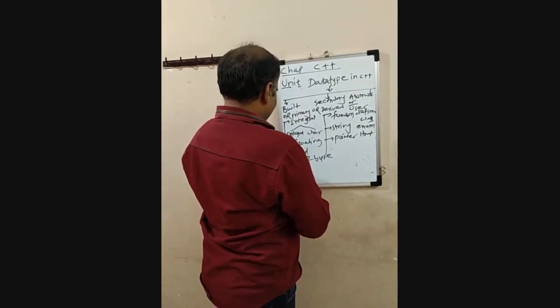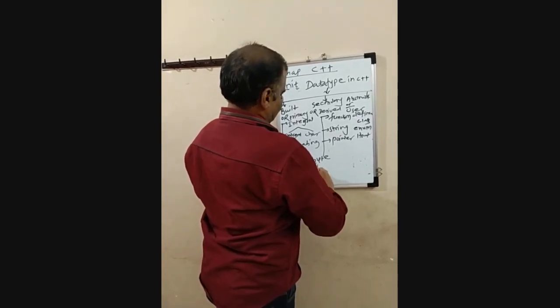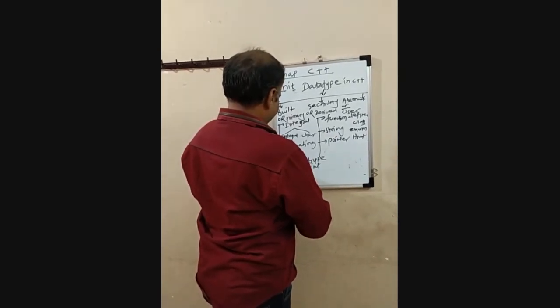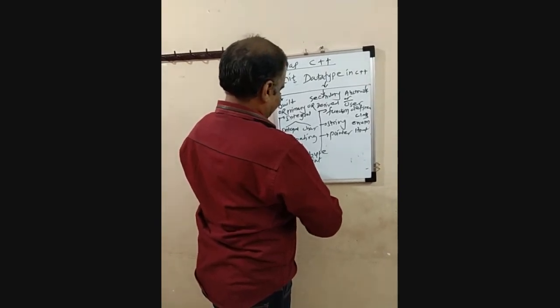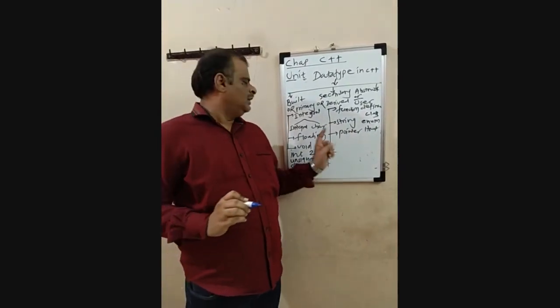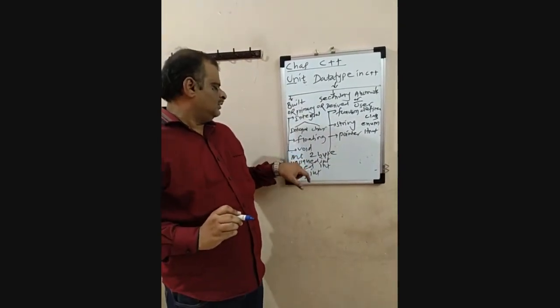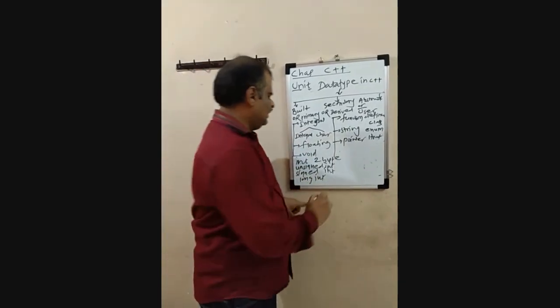It is also used with qualifiers such as unsigned int, signed int, long int. These are the qualifiers of int type: int, unsigned int, signed int, long int and short int.